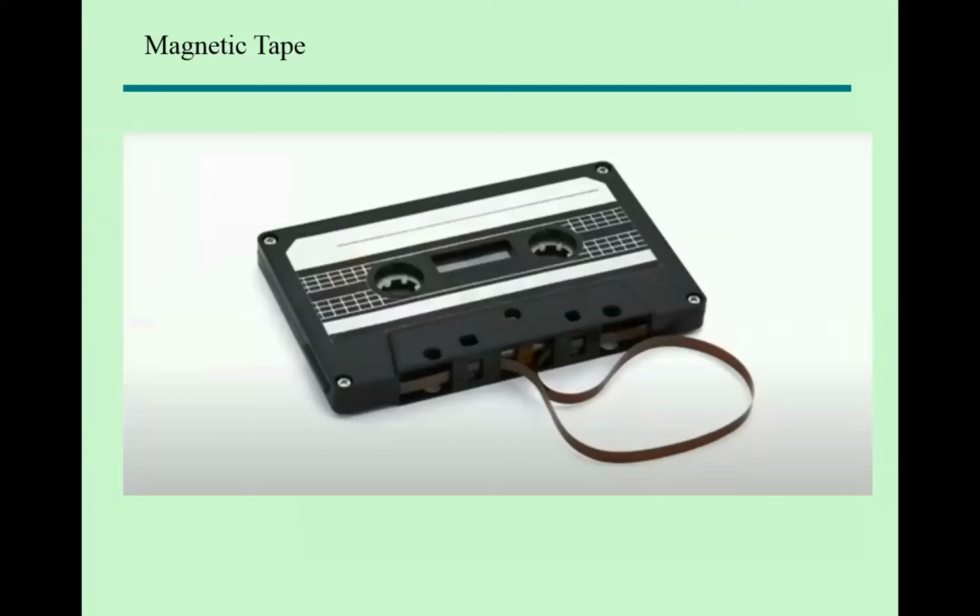I hope you have all seen the magnetic tape, right? Very popular. Everyone might have seen this magnetic tape. The main material is this tape. We can say it is a polythene tape, which is coated with magnetic material. Again, in the magnetic disk, a disk is coated with the magnet. Here, the magnetic tape is coated with magnetic material.